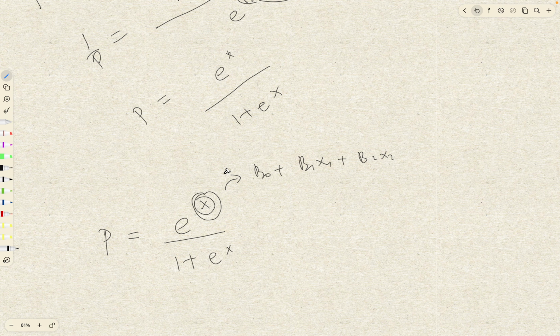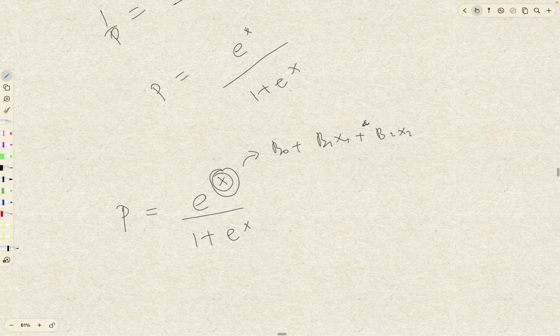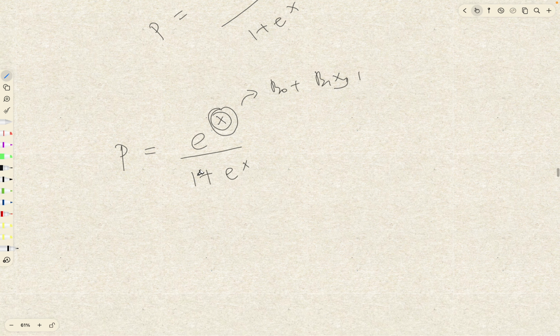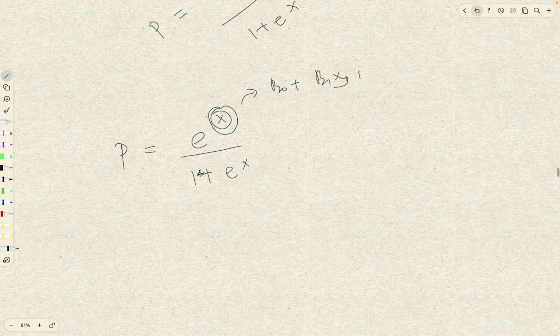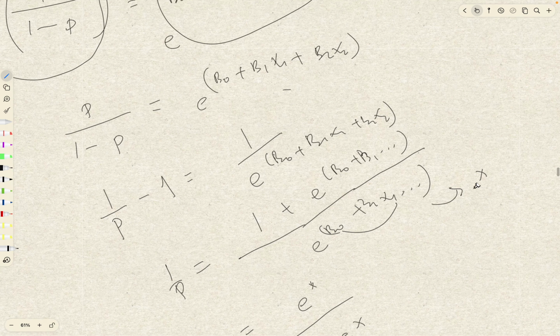Let's say we have only weight. We plug the weight, which is x1. Then this function gives us a probability.